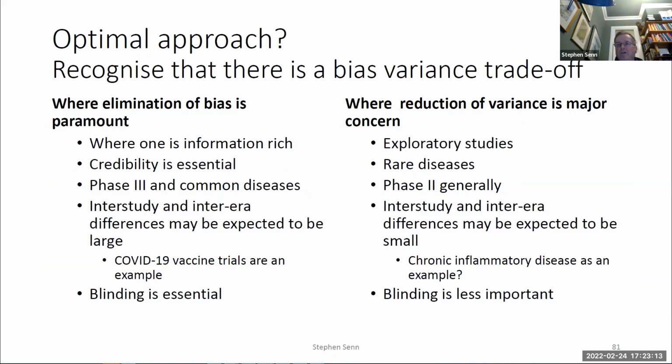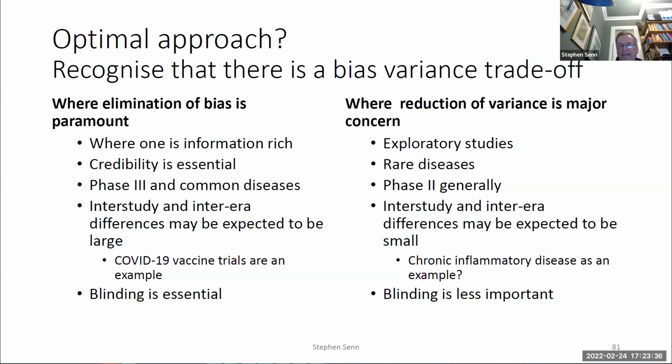So, optimal approach. Well, in practice, a lot of applied statistics boils down to recognizing that there's a bias variance trade-off. Elimination of bias is paramount where one is information rich. It then dominates. So typically that's a situation in phase 3, or where credibility is essential, again typically a situation in phase 3.